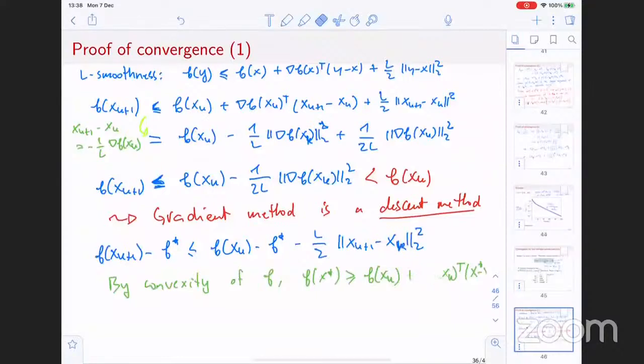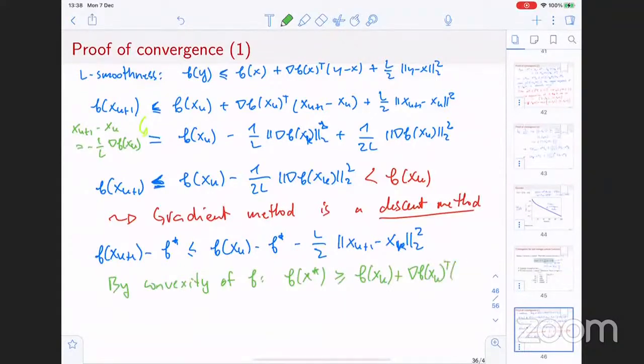Remember, this is what you get from the fact that the first order Taylor approximation of f at xk is a lower bound to the function everywhere, in particular at x star.